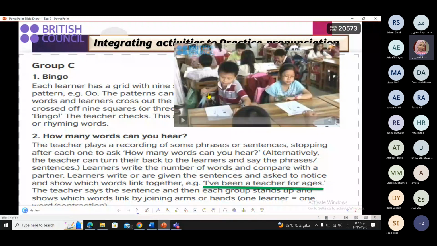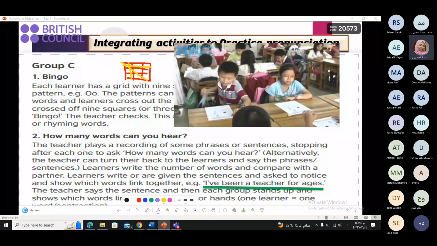So you have, for example, 9 boxes, and you ask them to write words with specific sounds. When you read the word, you ask your students to cross the word, and the first student who crosses words horizontally, vertically or diagonally will say bingo.